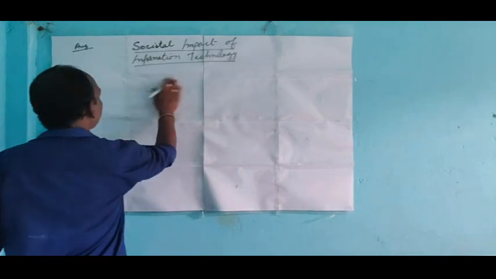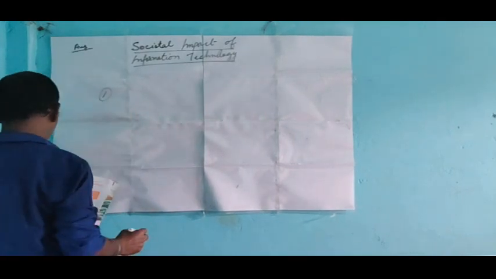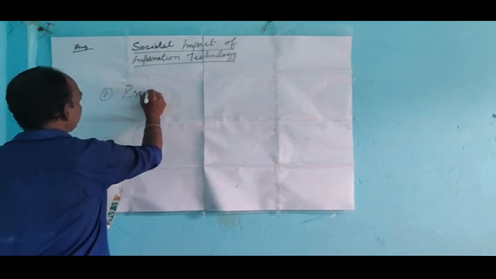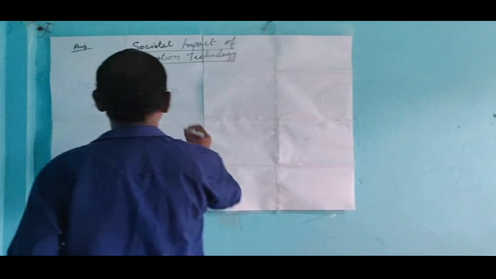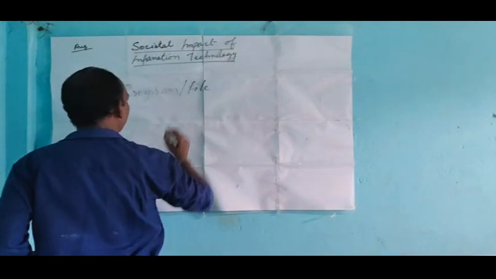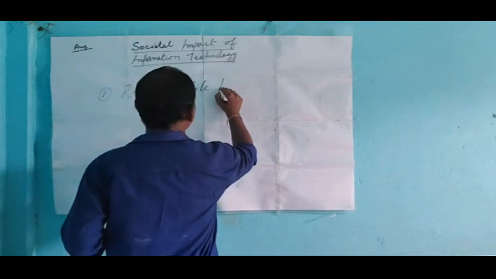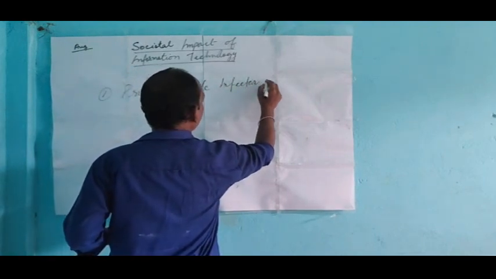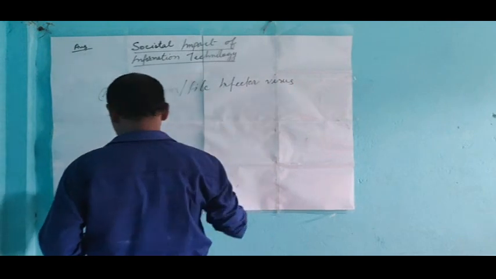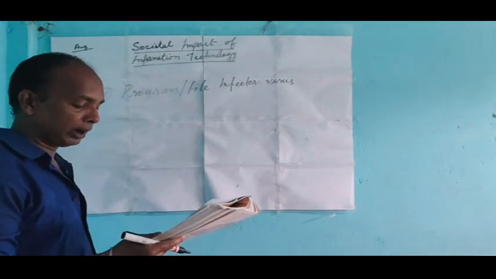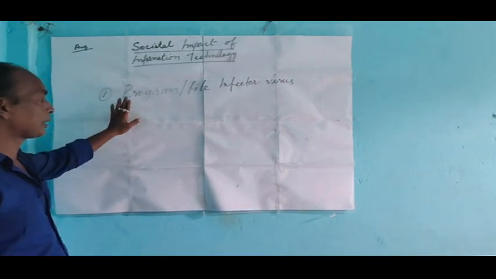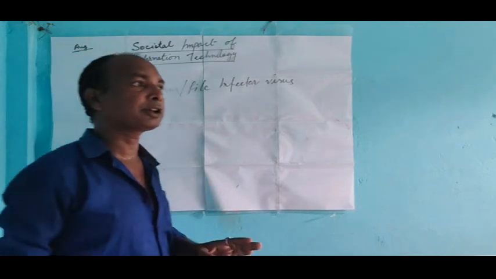Number one is the program virus, or file infected virus. This virus is also known as parasite virus. This type of virus can only affect your executable files.